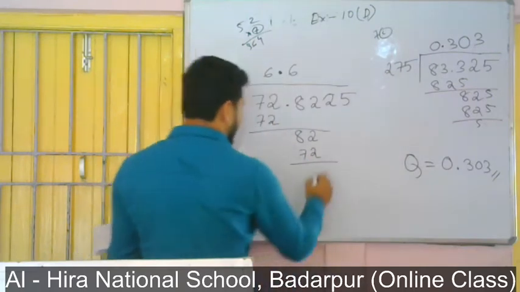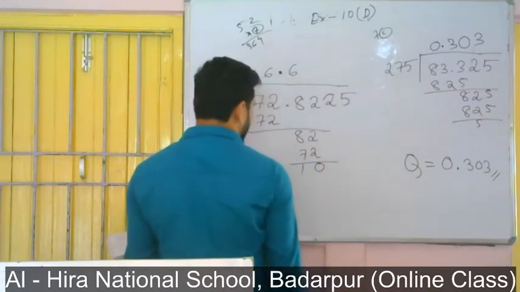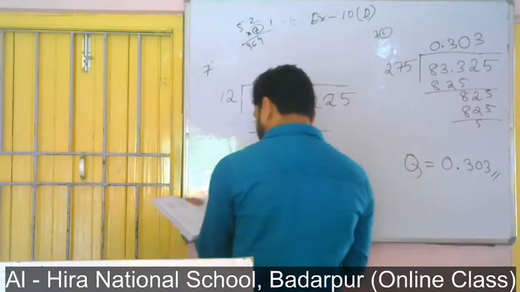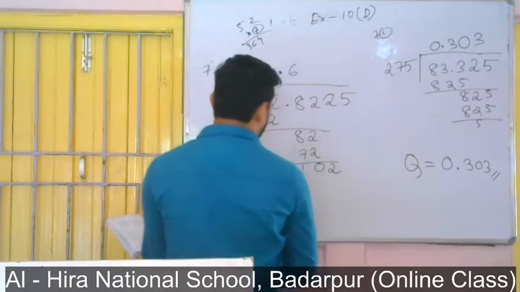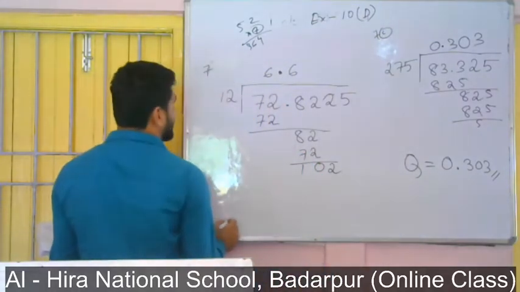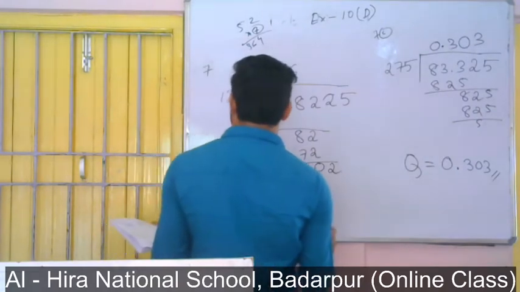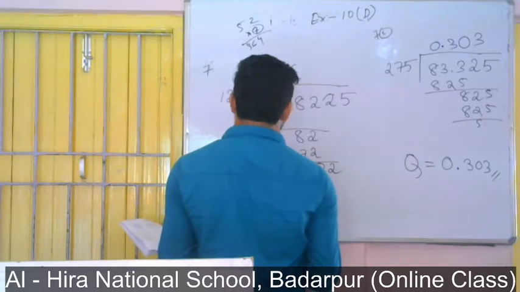Here we are getting 0, here 8 minus 7, 1, so it is not divisible. Now we shall take 2. Now let us check for 102. So I think 8 12s are 116, so it will cross.